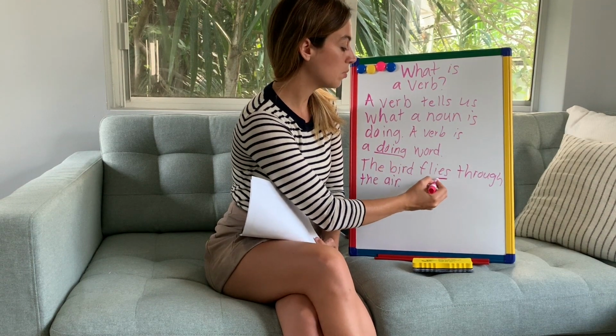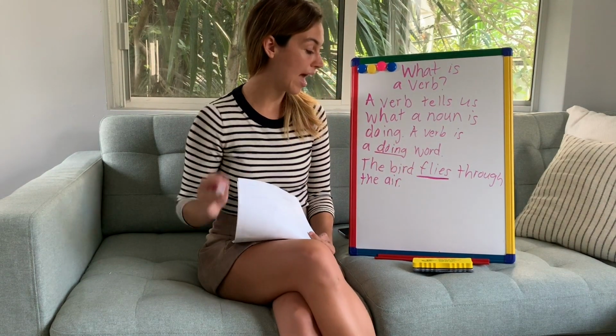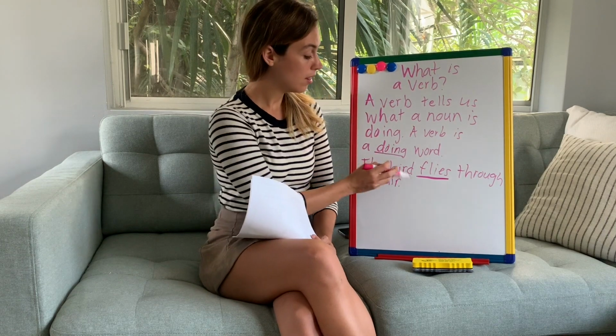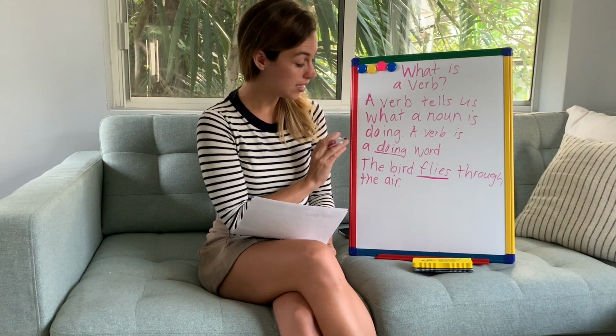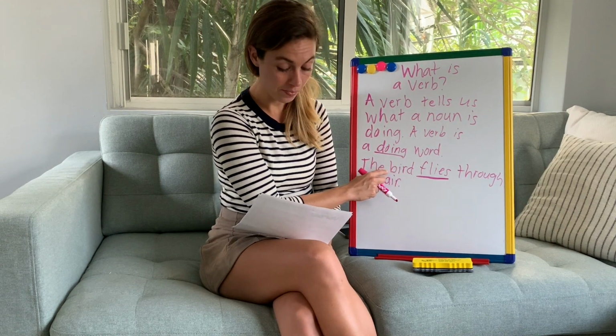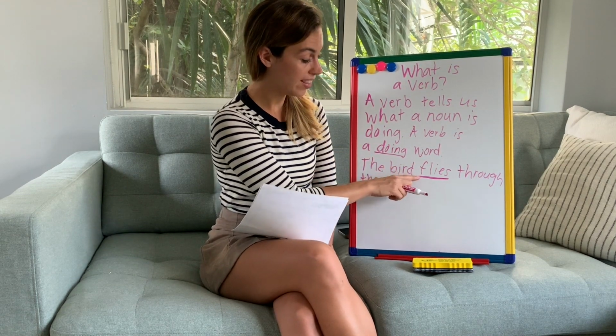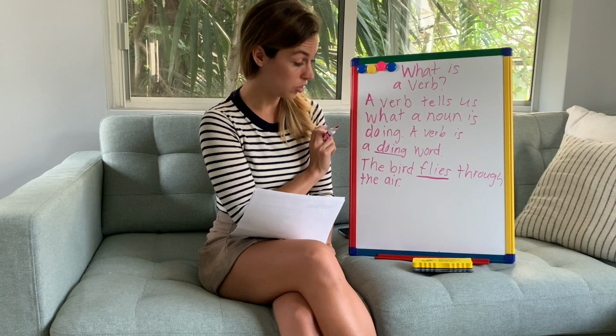Okay, so the word flies is our action or our doing word. It's telling us what the bird is doing. Okay, so in this sentence the noun is bird and the verb flies tells us what the bird is doing.